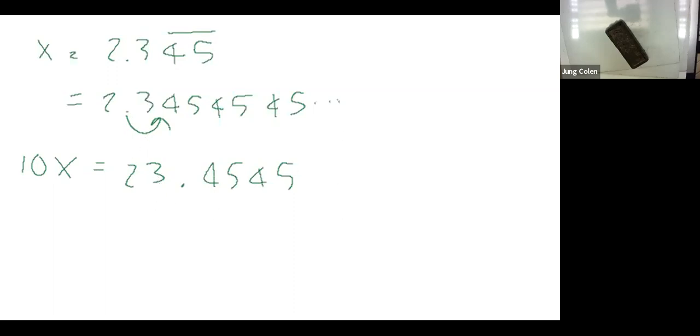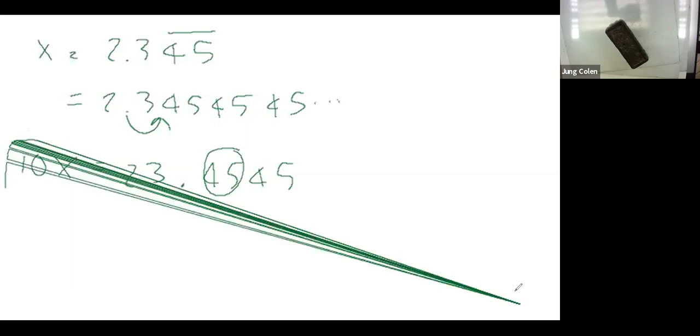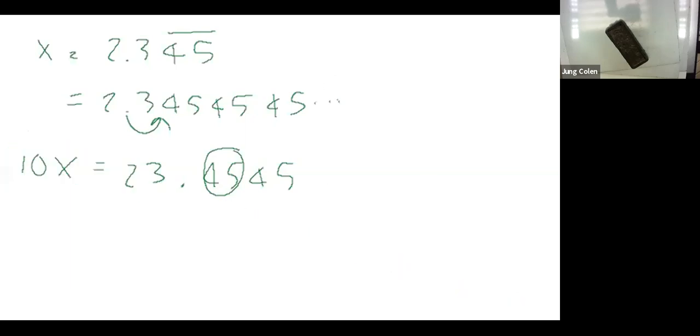Now we know 45 is repeated, so we can multiply this whole thing by 100. Okay, let me move this. So if you multiply this whole thing by 100, then we have 1,000x on the left-hand side.